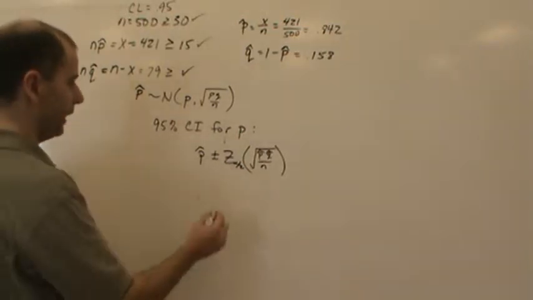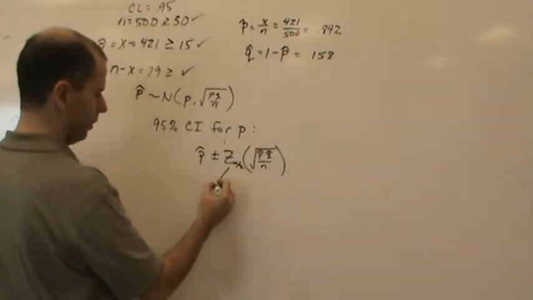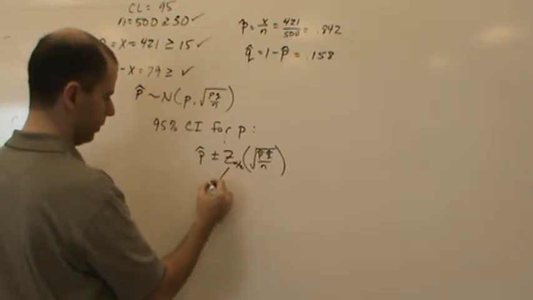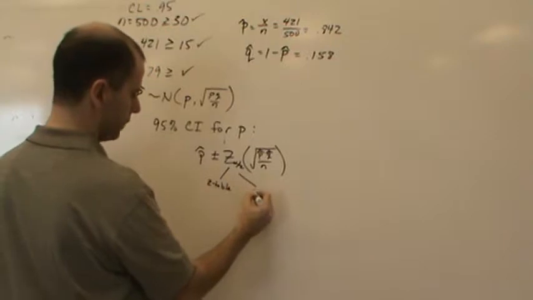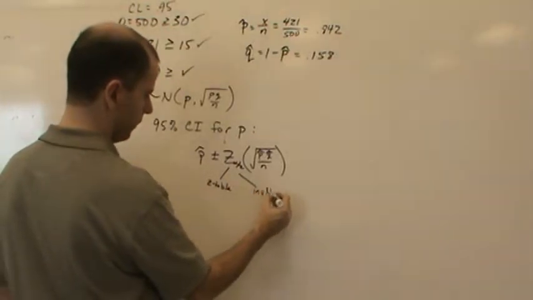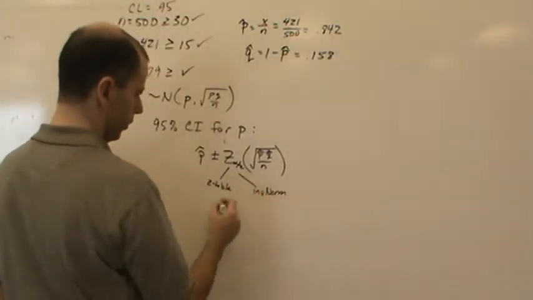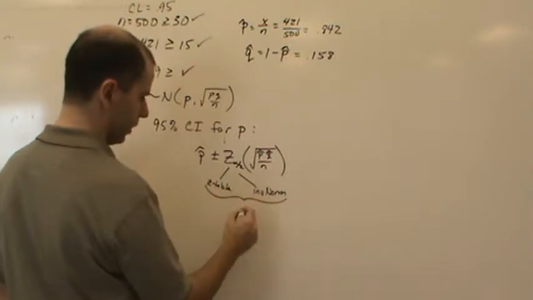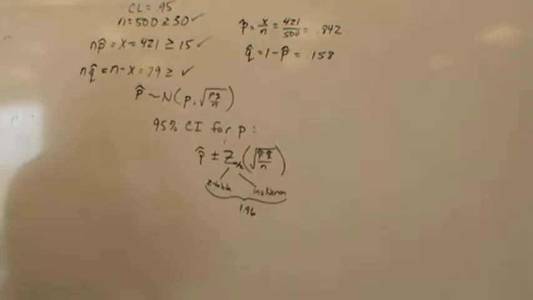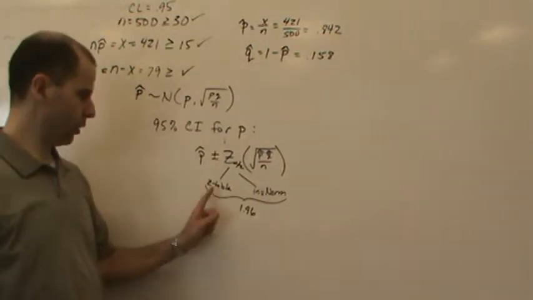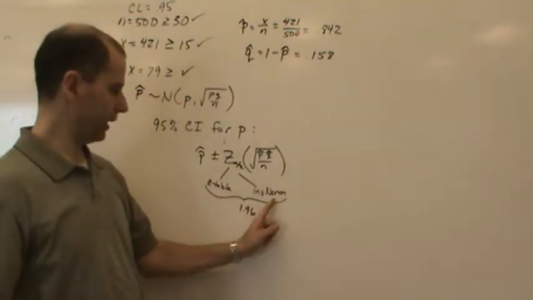Now, again, if you use the table, right? So use the z-table, or if you use inverse norm, you should get the same answer, which is going to be 1.96.